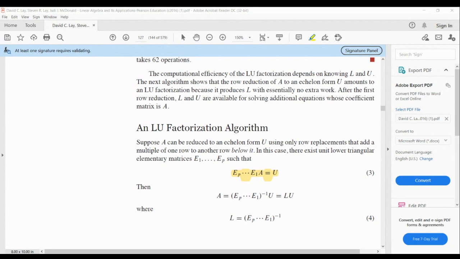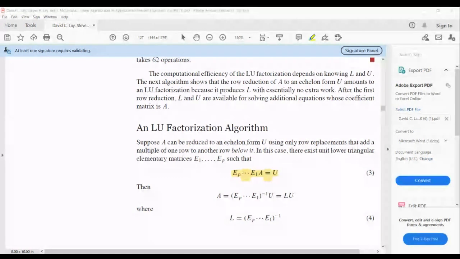Reducing the matrix A to the upper triangular form took a sequence of row operations. Each one can be represented by a corresponding elementary matrix: you take the identity matrix and do an equivalent row operation on it to get the elementary matrix. So E sub p ... E sub 1 A equals U.